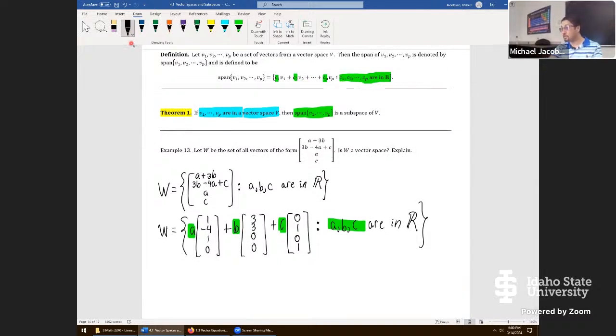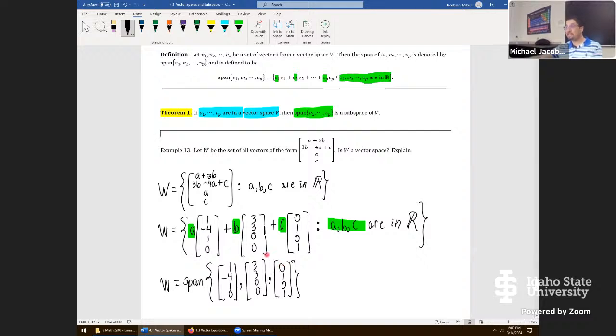We can now say W equals, because we have a linear combination, and it's all linear combinations, no restrictions on those scalars, W is now the span of 1, -4, 1, 0, 3, 3, 0, 0, 0, 1, 0, 1. And now we can cite theorem 1 directly because we have exactly what we needed, the span.